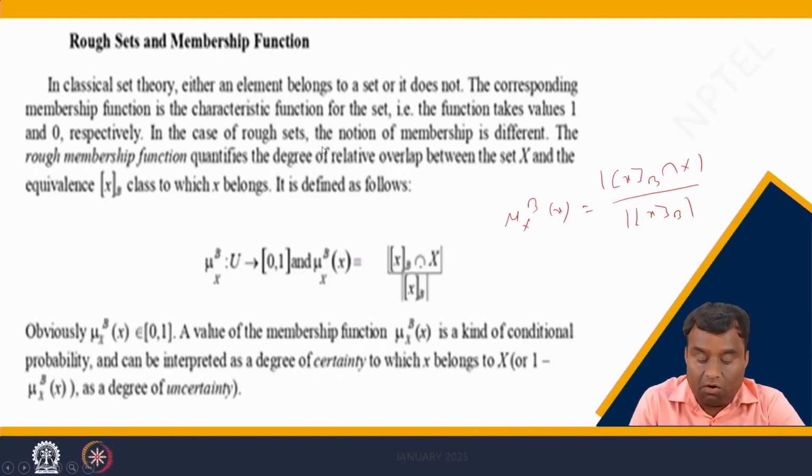In the case of rough sets, the notion of membership is different. The rough membership function quantifies the degree of relative overlap between the set X and the equivalence class XB to which X belongs.